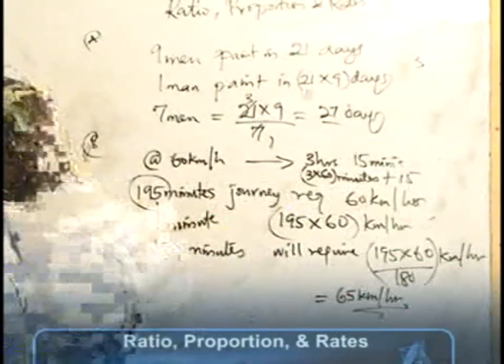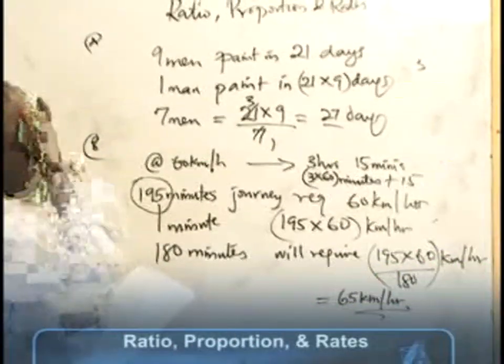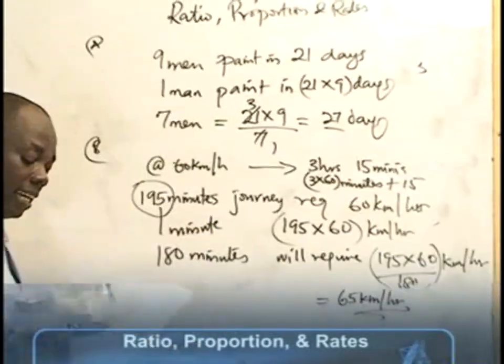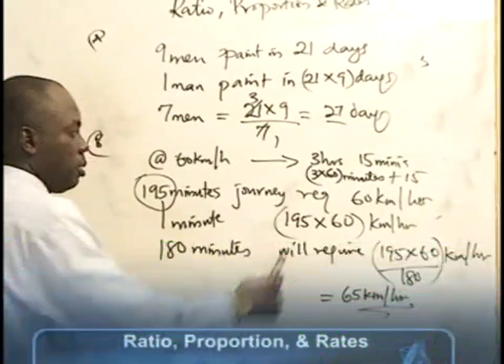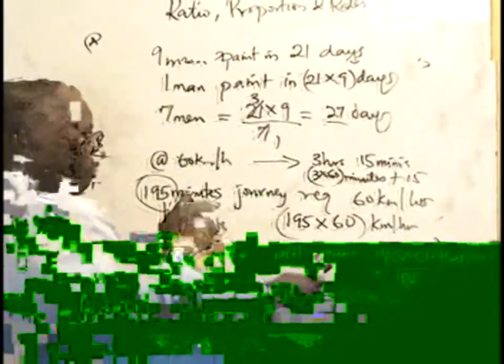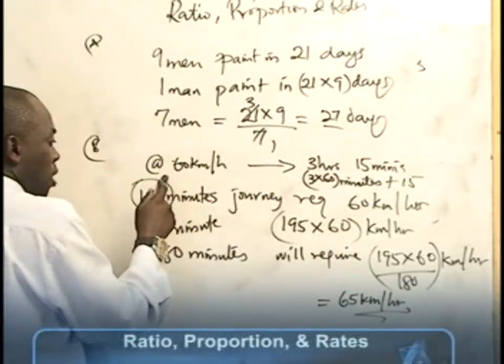If somebody gets to a place in 3 hours, he must be traveling at 65 kilometers per hour. The person that got there in 3 hours 15 minutes was traveling at 60 kilometers per hour.